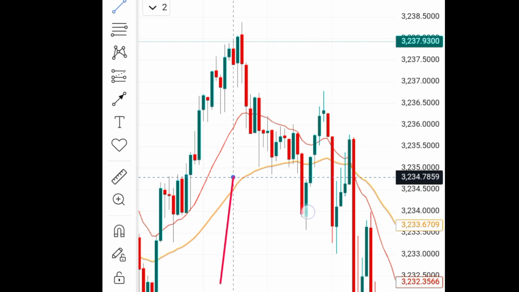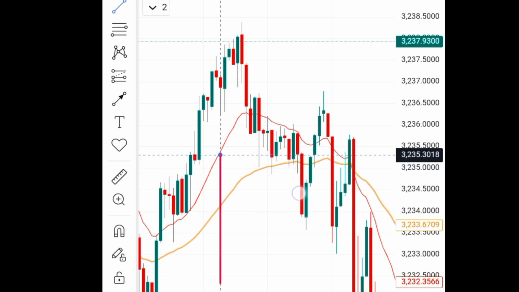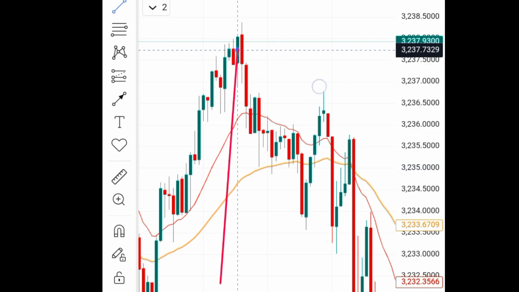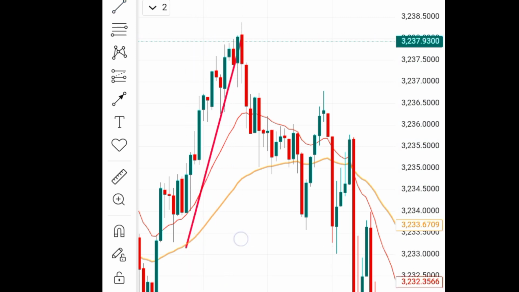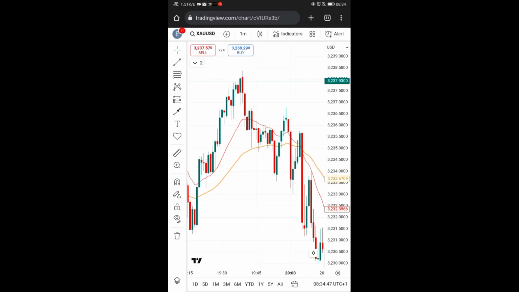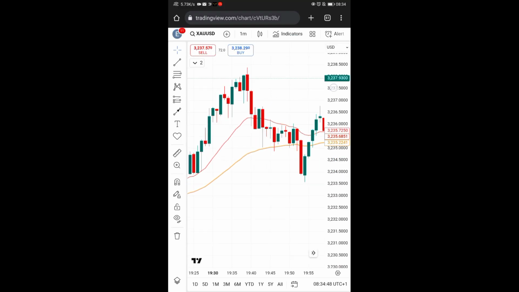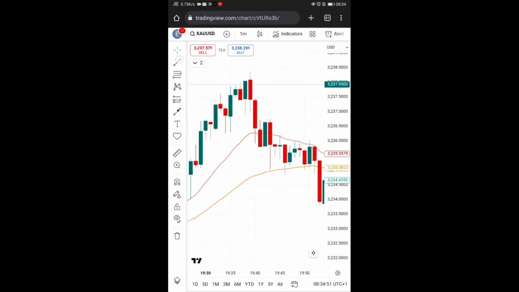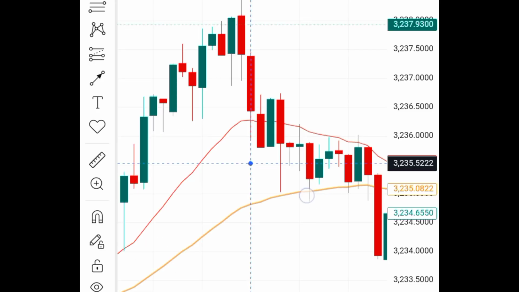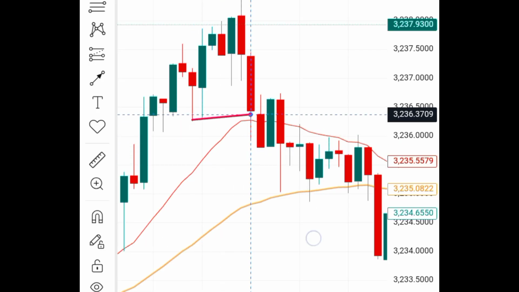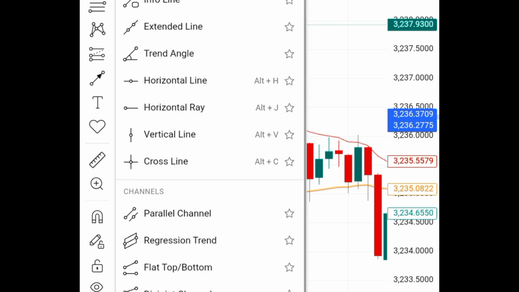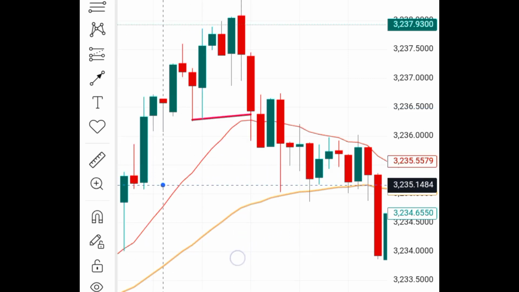Two of these EMAs were in an uptrend, and this market was above the two moving averages. Then after this happened, we've seen that this market started breaking structure to the downside. It broke this structure and also broke this structure right here.